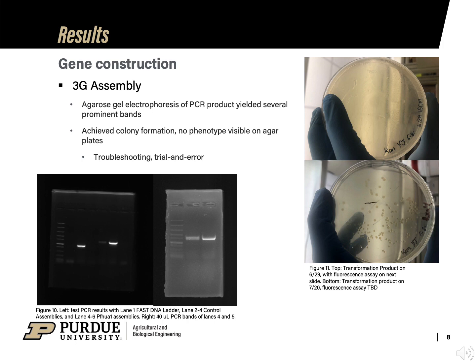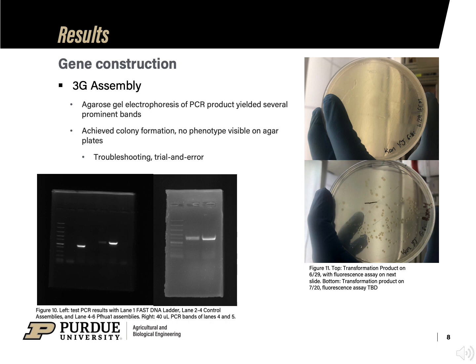For the iron sensing construct, we put it together using 3G assembly, as detailed in the previous slide. You can see the agarose gel electrophoresis of a PCR product in the lower left images there, and you can see that it yielded several prominent bands. What this shows is that we got a good concentration and a relatively good purity of that transcriptional unit that was created.